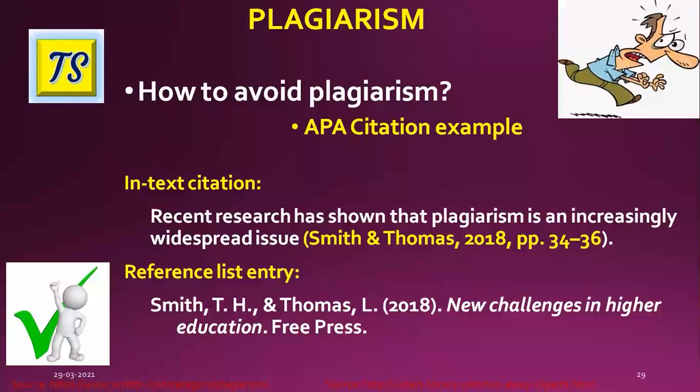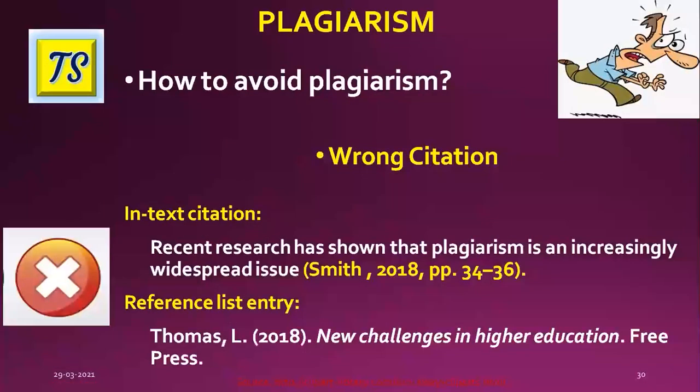Now, this is the right format. See the wrong technique. This technique should not be followed. In the in-text citation, the same text and same authors. See, in the in-text, Smith alone exists. Thomas is omitted. See the reference. Often researchers commit this kind of error because they are copying and pasting in the text without being aware of the necessity of the citation in the research.